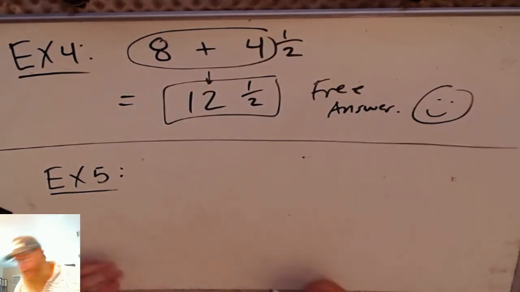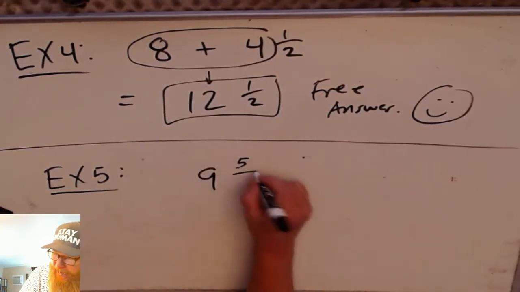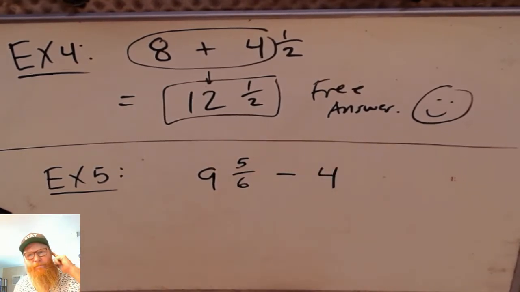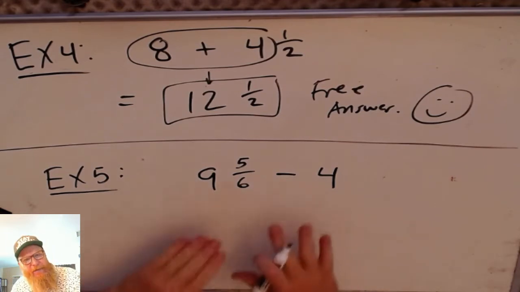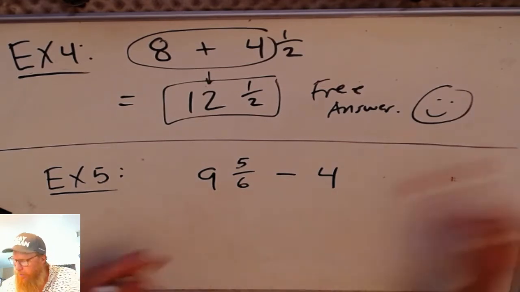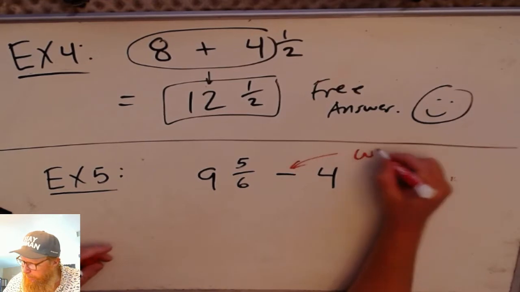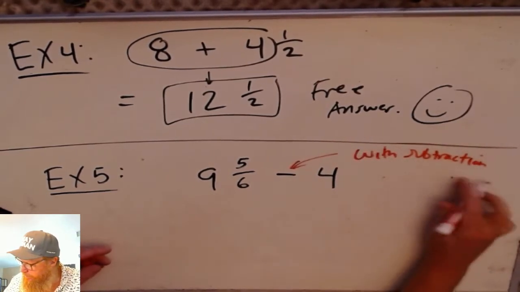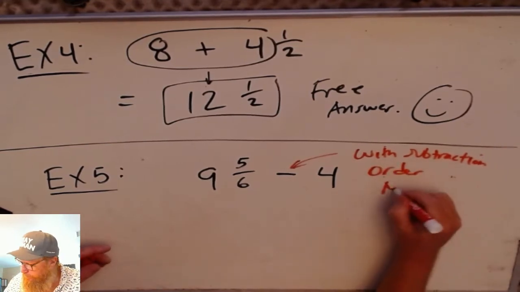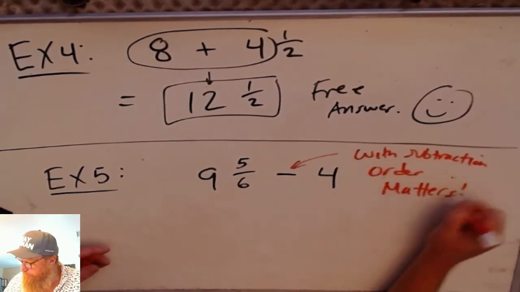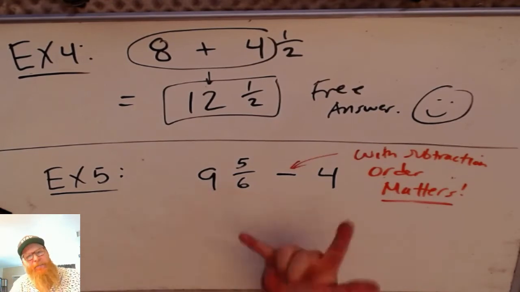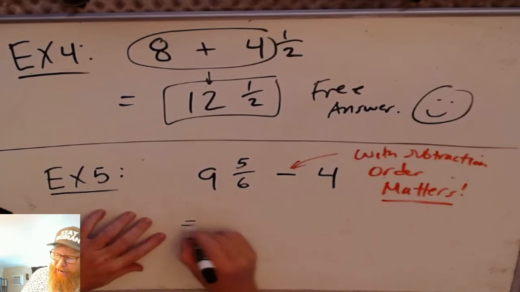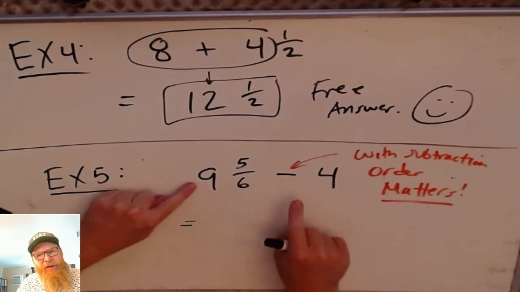With subtraction, suppose you have 9 5/6 minus 4. It must be done in this order. Be careful with subtraction. The order matters. If you accidentally put it in the wrong order, it will be wrong every single time. However, this is still a free answer.